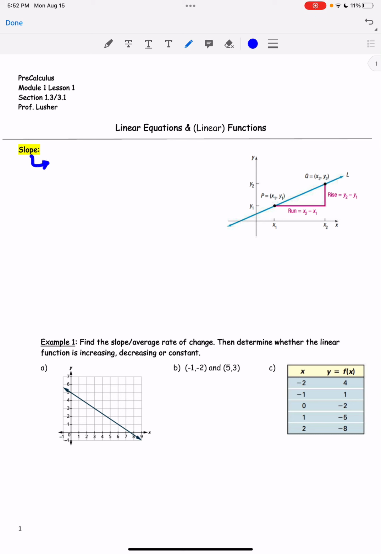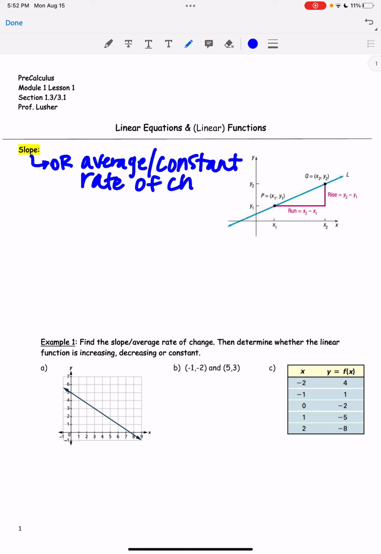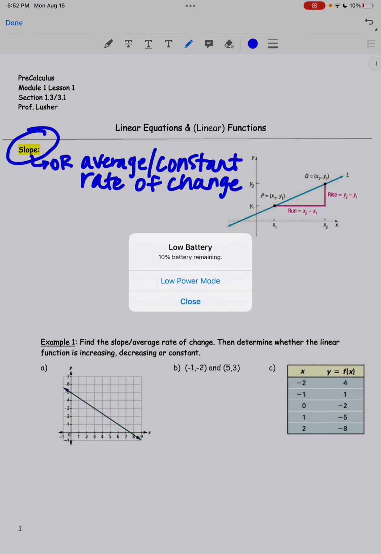And another word or term for slope that you will see is average or constant rate of change. So all three of those mean the same thing. If it asks for slope, average rate of change, or constant rate of change, it's talking about the exact same thing.